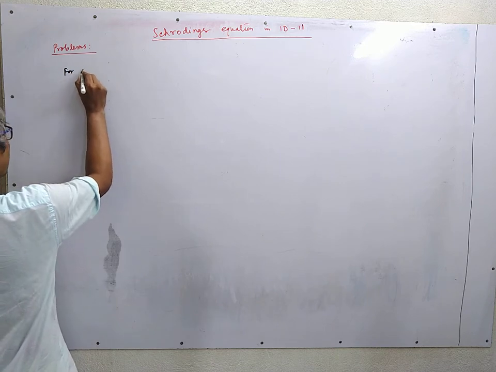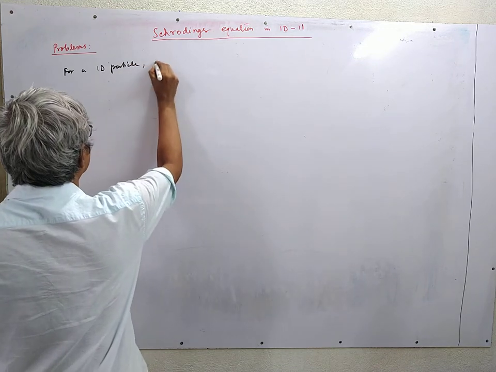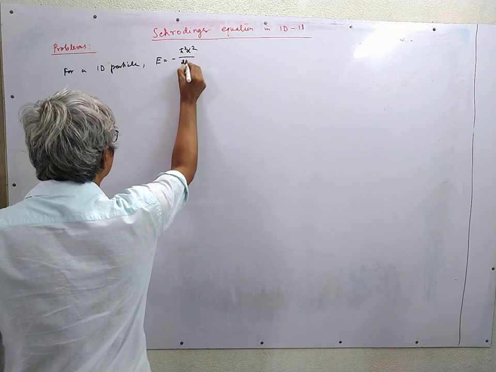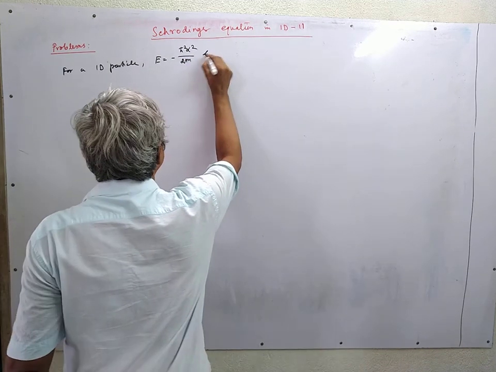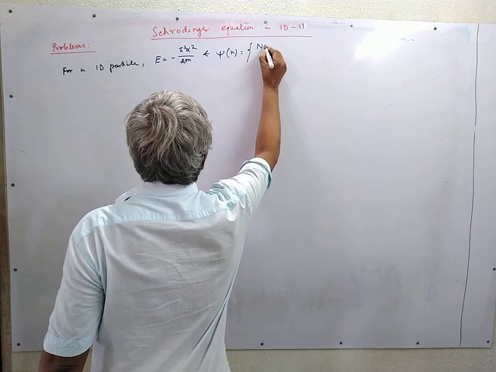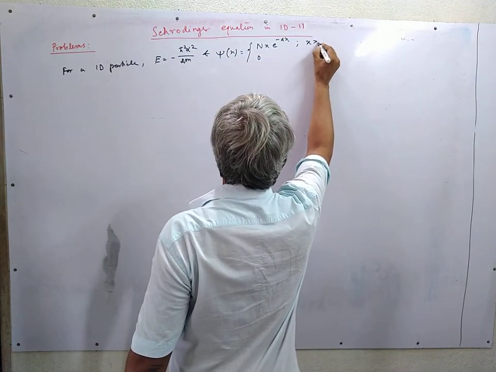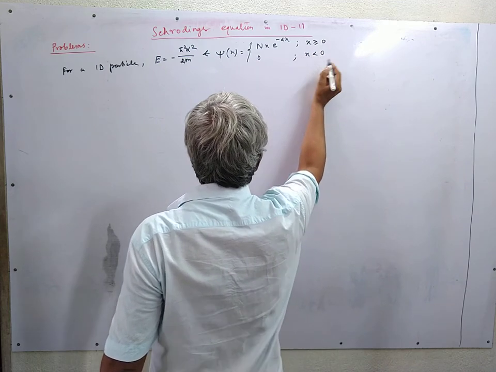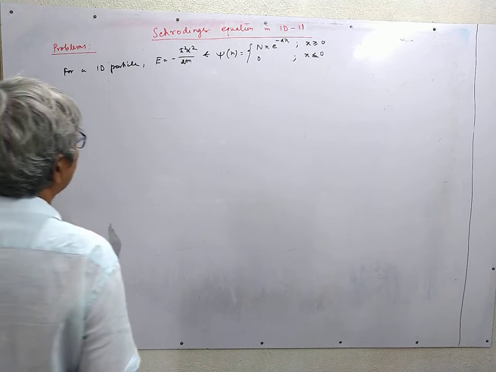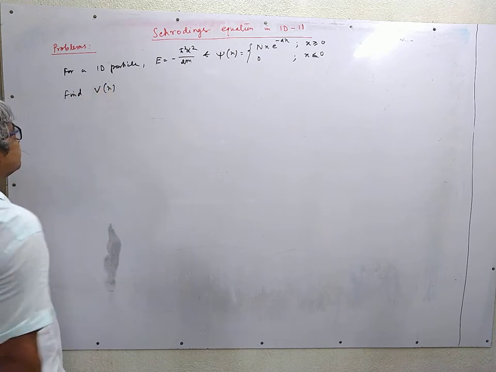For a 1D particle with bound state energy given by minus h-bar squared alpha squared by 2m, and the wave function given by this, find V.